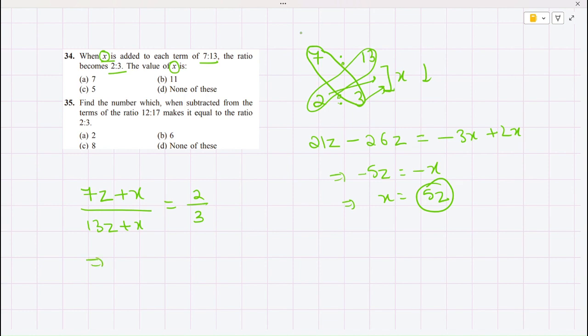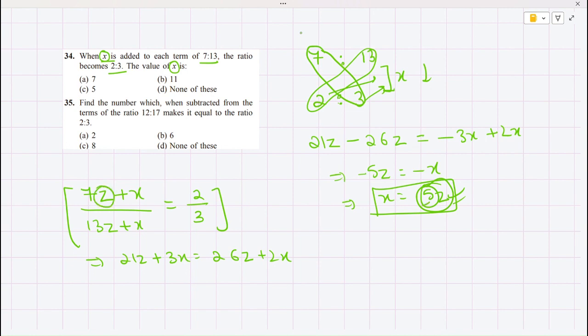Then if we multiply again, we get 21z plus 3x, which will be equal to 26z plus 2x. Again, if we solve this, we'll get this same thing. We have just written it in this form, right? Which means that x can be 5 or it can also be a multiple of 5. If we put a value of z, it will be accordingly. If z is just 1, then the answer will be 5 only.